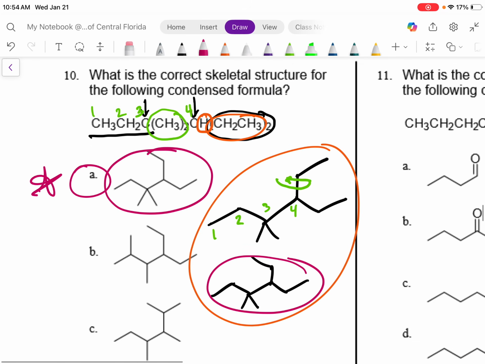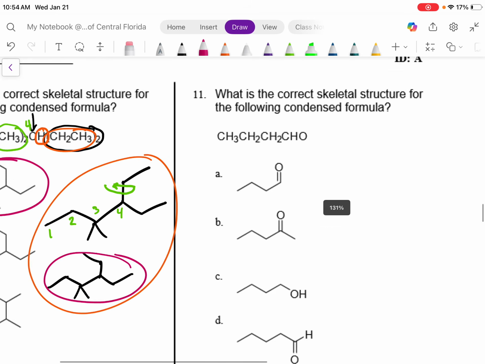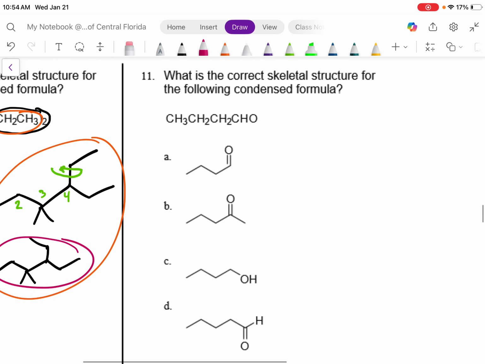Let's see, question 11. Do the same thing. There's 1, 2, 3, 4 carbons in a row without any parentheses. So 2, 3, 4. It's always good, when you're learning this, to number things. Okay. So when you look at carbon 4, what's attached to it?